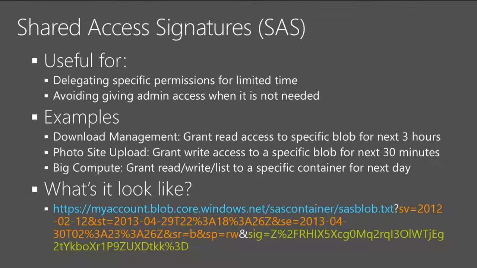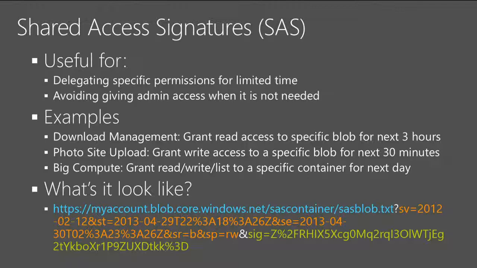Shared access signatures. Shared access signatures allow you to give very specific permissions, delegate those permissions out based on what the user actually needs to do. They can be time-bound, they can be permission-bound, and it avoids having to give that shared key out to people that you don't trust with the shared key. So examples of that, you have a download manager, you want to give somebody read access to a specific blob for a few hours.